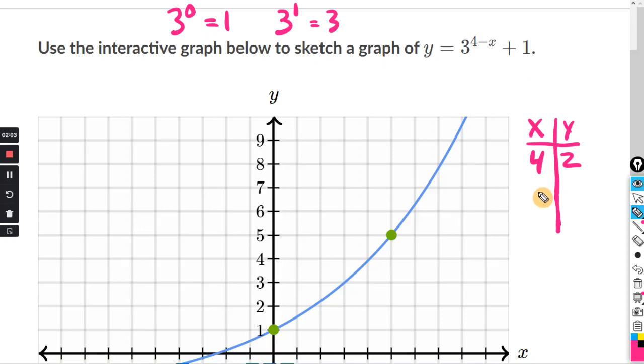So at x equals 3, we have 3 to the power of 4 minus 3 plus 1. That's 3 to the first power, plus 1. 3 plus 1 is just 4. So there's your 2 points.